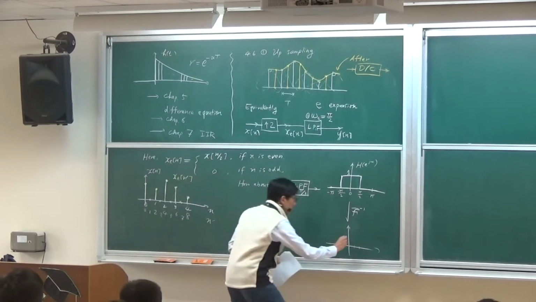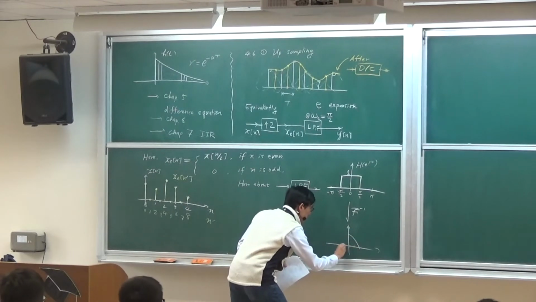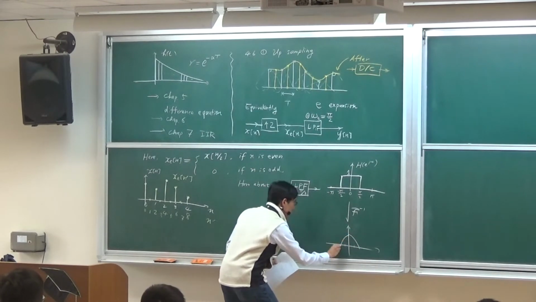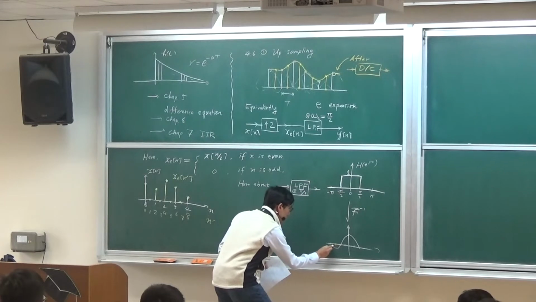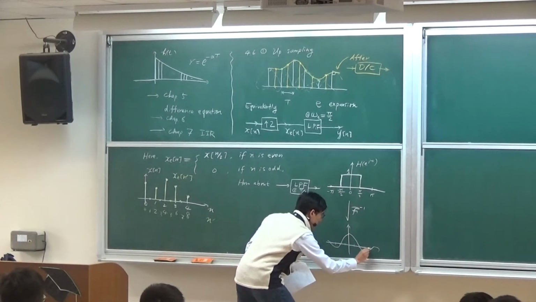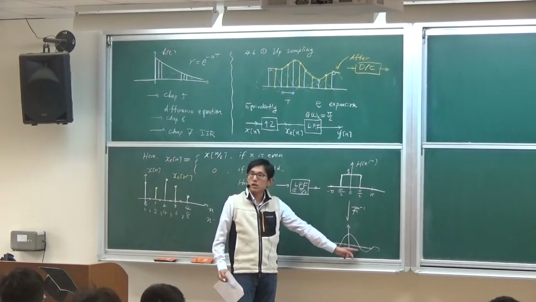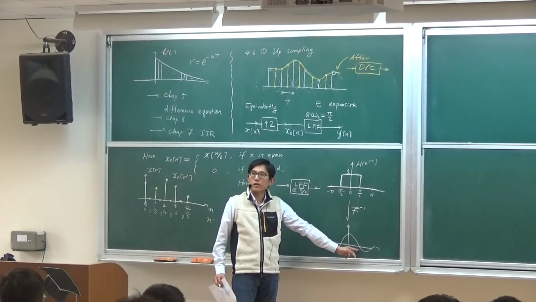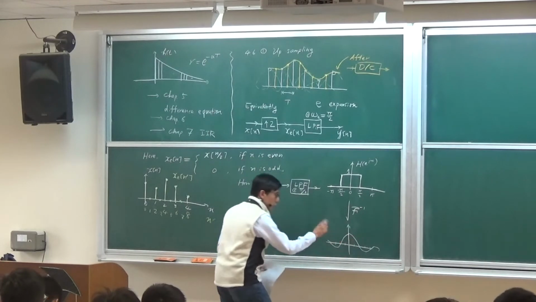What does that mean? We expect the inverse transform to be something, still a discrete function, but the zero crossings are spaced so that it crosses 0 at n equal to even integers.